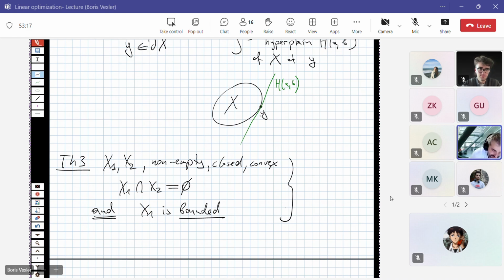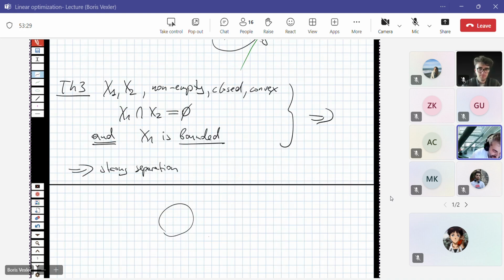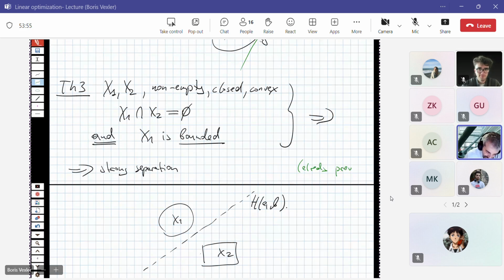Under these assumptions, we proved strong separation of these two sets. Again, the picture, you can imagine something like this: X1, X2, and here H_AB, strong separation. Okay, this is also what we proved last time. These three theorems are already proven. Okay, and now we go a step further.